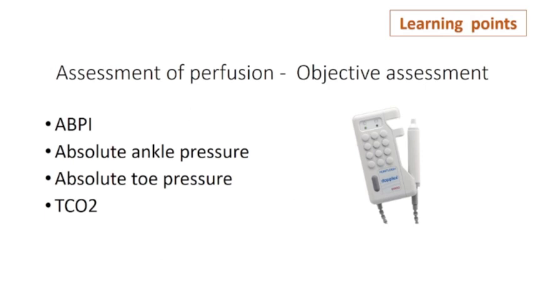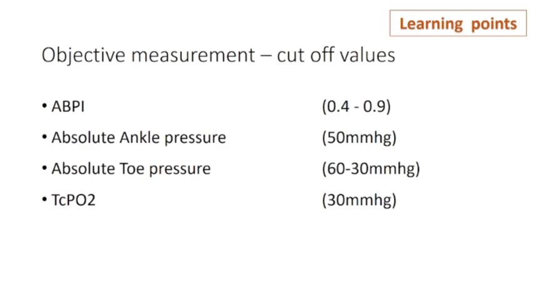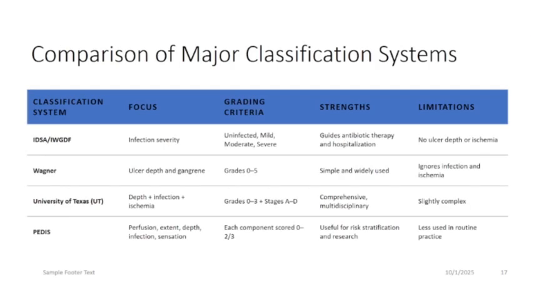The other objective assessment would be done by the vascular team: ankle brachial pressure index, ankle pressures, toe pressures, and so on, just to objectively measure the ischemia that is clinically detected by absent pulses.